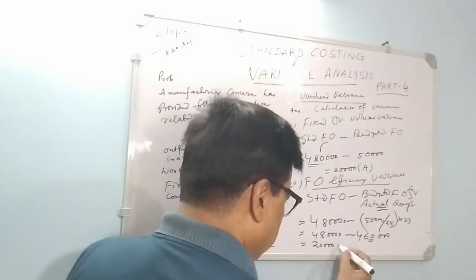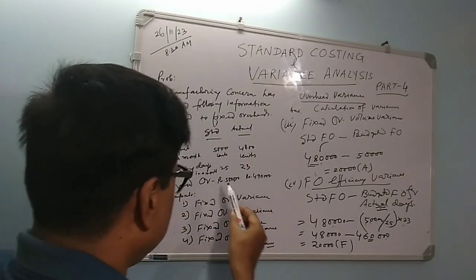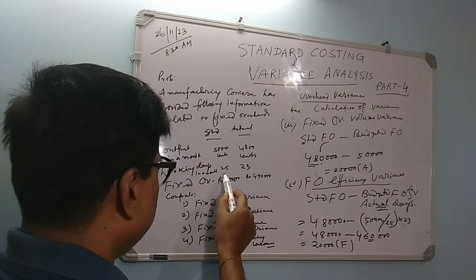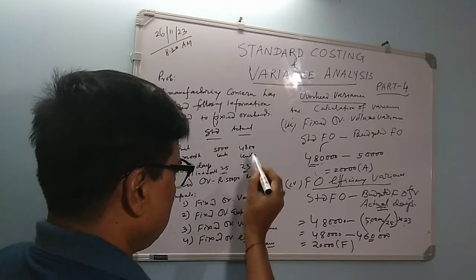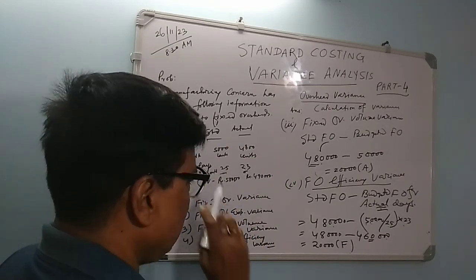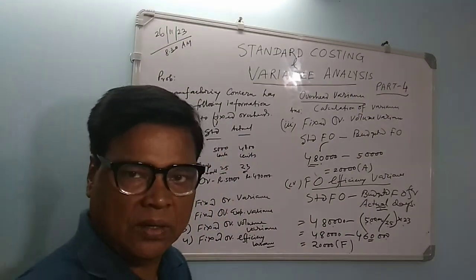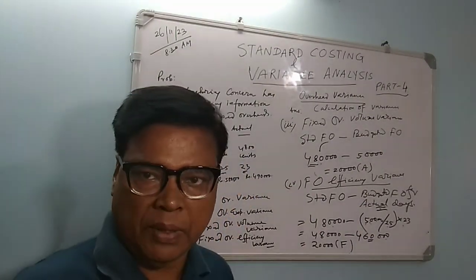So this variance will be a favorable variance. That means from here itself, working days in the month budgeted you have made it 25 and actual days in the same production relate to 23 days. So definitely your expenditure will be less. So here this 20,000 is the favorable variance.